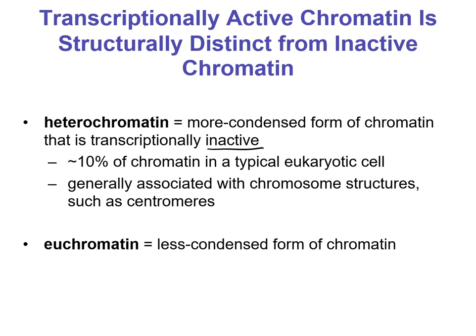Approximately 10% of chromatin in a typical eukaryotic cell exists as heterochromatin. And this is usually associated with the structural parts of the chromosome, like the centromeres. You don't need to access that, so stay off of it. I'm going to be condensed. Leave me alone. However, euchromatin is less condensed, and you can visually see the difference with microscopy.